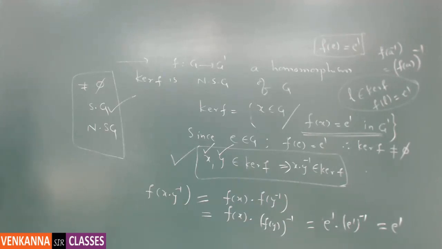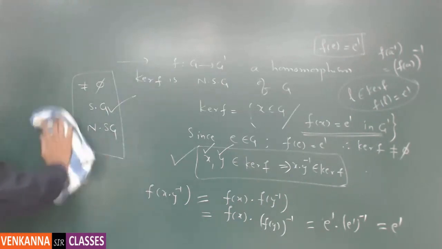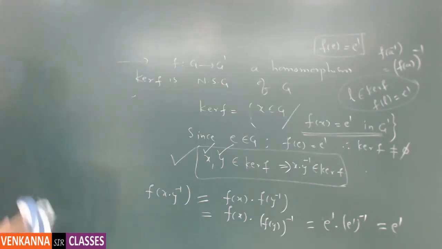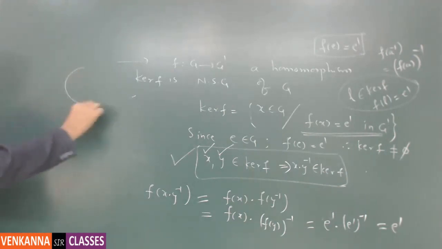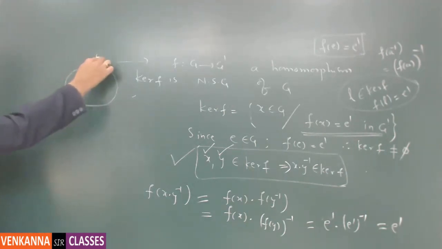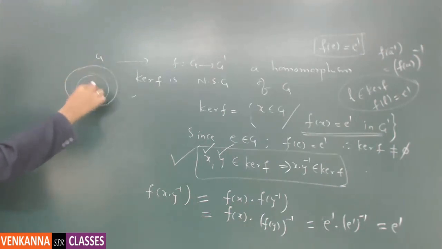Then we discuss the normal subgroup. It is also very simple. If you draw the picture for our understanding, this is G, this is the kernel.